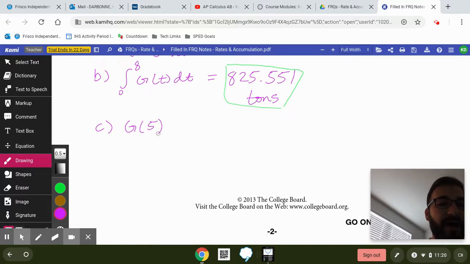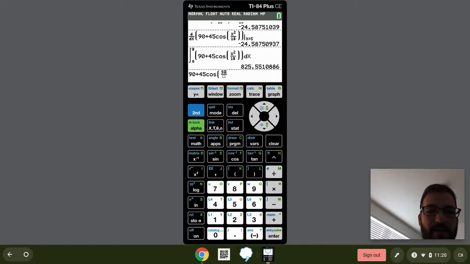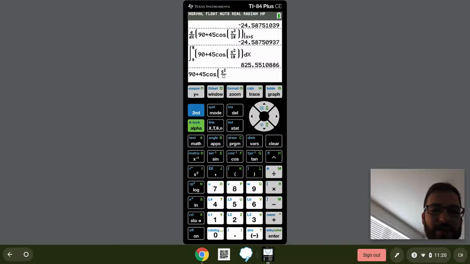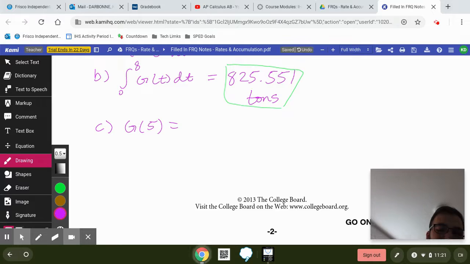So g of 5. Going back to my calculator, because I'm not going to be able to plug that in without it. So 90 plus 45 cosine of 5 squared over 18. And we get 98.141.